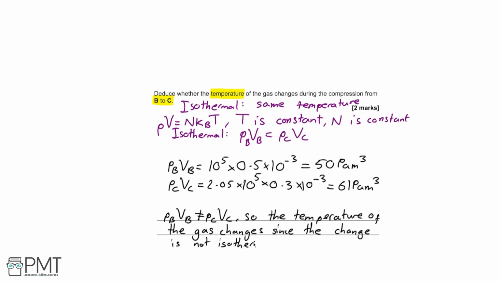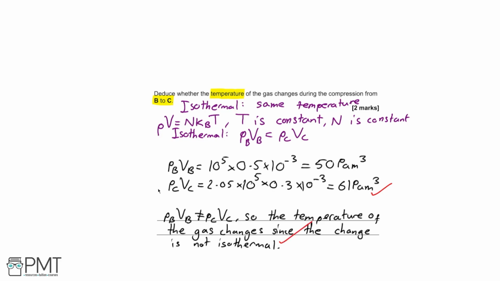Okay, so in this question, we get 1 mark for calculating PB times VB and PC times VC. And we get 1 mark for our comment that they're not equal since the change isn't isothermal.